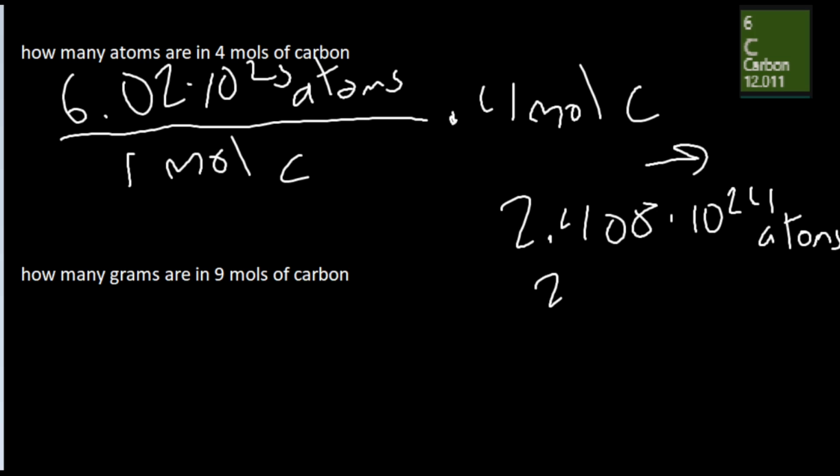Or you could also say it's 24.08 times 10 to the 23rd atoms. The reason why you could also say 2.408 times 10 to the 24 is because that is the scientifically correct way of putting it. But for now, you could just still stick with this. This works too for now. Next problem. Let me just erase all this.